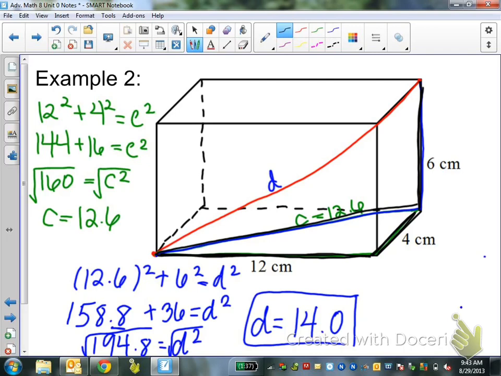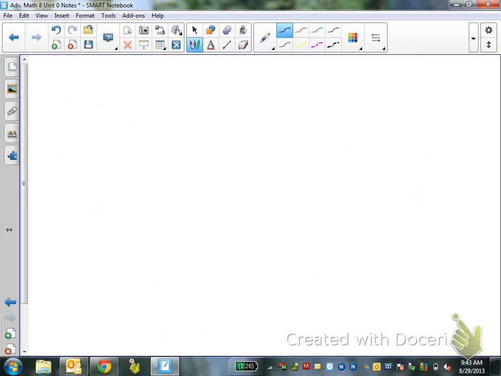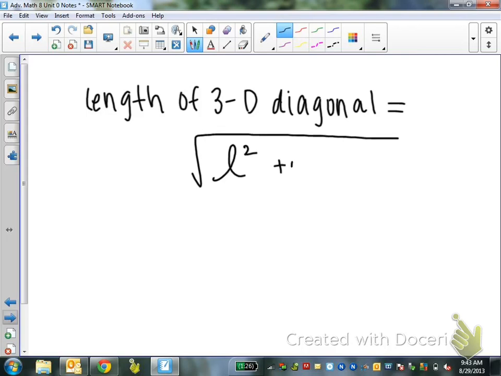So what is the shortcut? The length of the diagonal. Let me erase that. So let's do length of 3D diagonal equals the square root of the length squared plus the width squared plus the height squared.